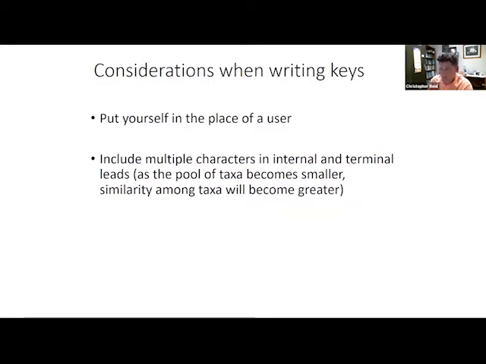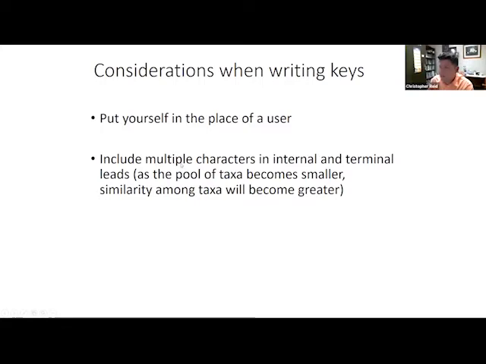If you have ranges like leaves 1.9 to 2.3 centimeters long, and then your alternative is 1.7 to 2.1 centimeters long, what if the one you measure is 2.0 right on the nose? Now the taxonomist who measured 1,000 leaves and wrote that treatment will know the probabilities, but that's a difficult position. There's actually a joke about keys: keys are written by people who don't need them for people who can't use them.